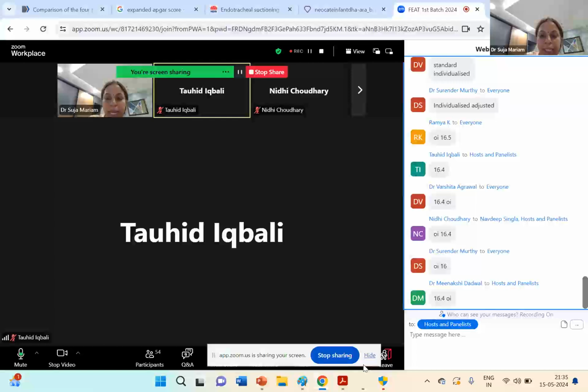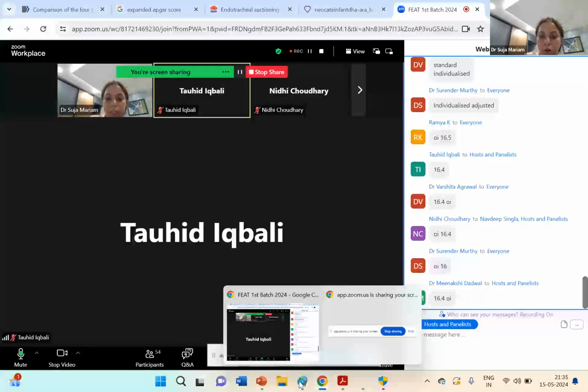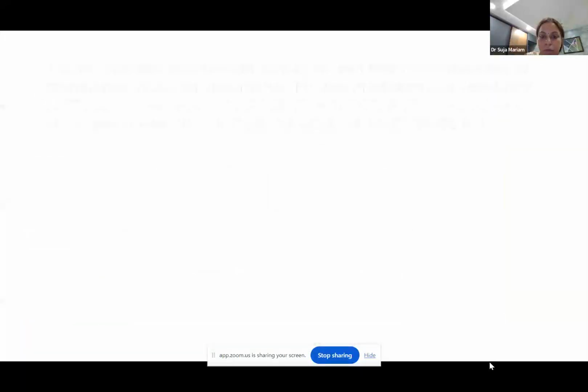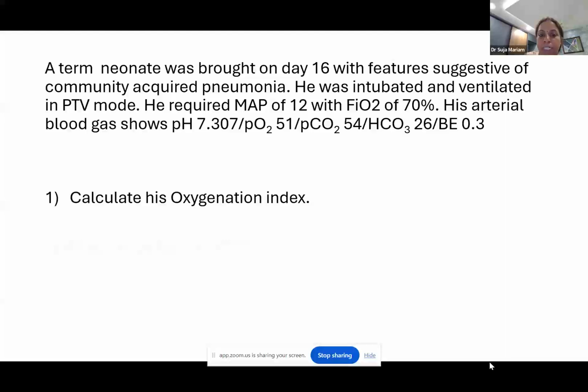So very good. Somebody has come with an answer for oxygenation index. It is actually 16.4. And what will be his AADO2?